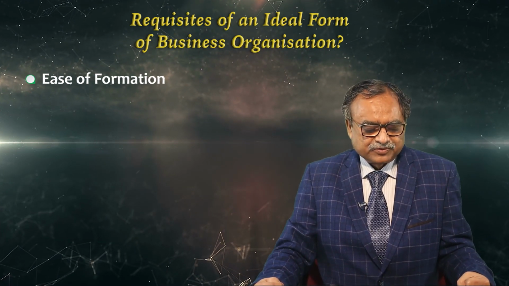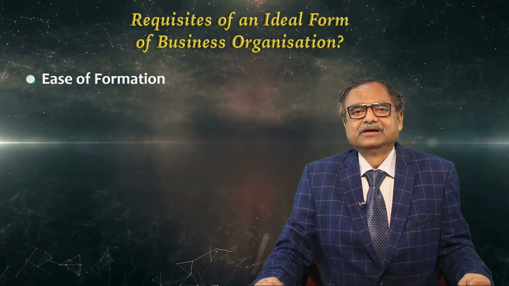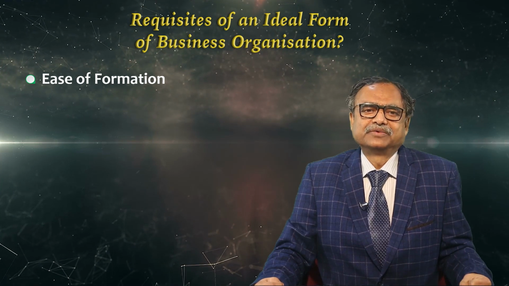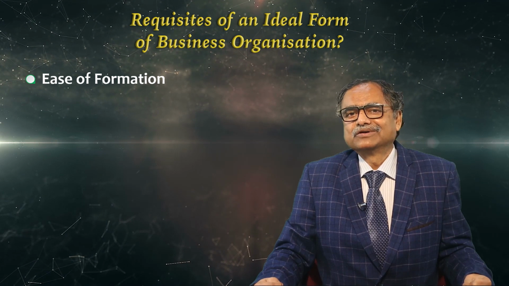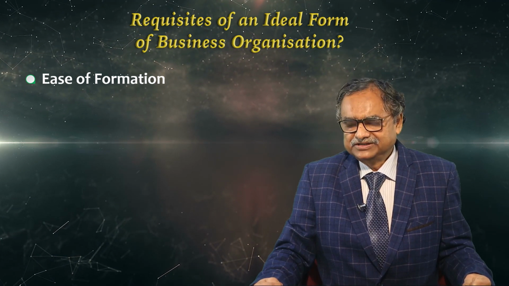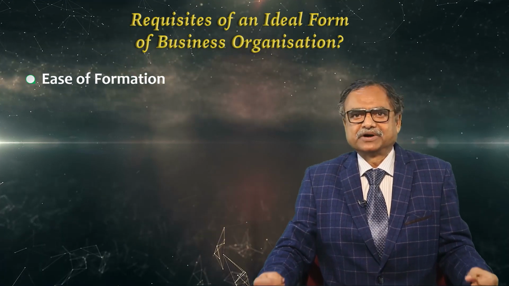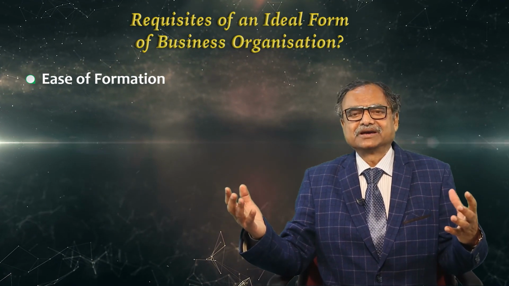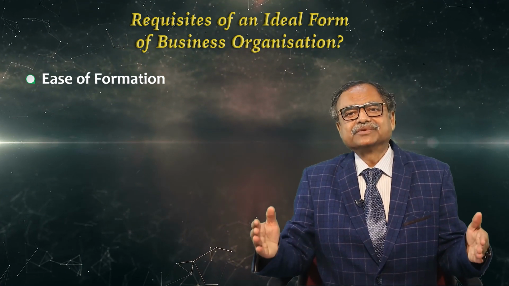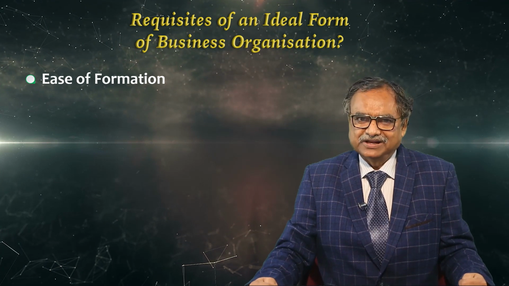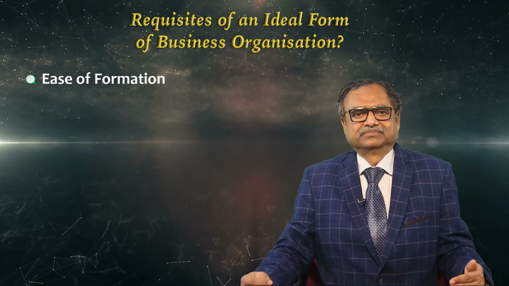Next is procedural delays. As you are all aware, when you want to obtain some permission for starting a particular form of business organization, you may be required to apply to a particular authority specified for that purpose, and it may take some time. If you want to have the license for starting a restaurant, it may take time.